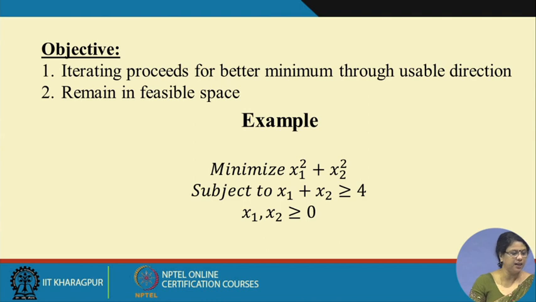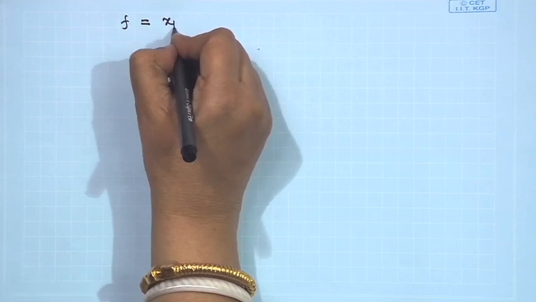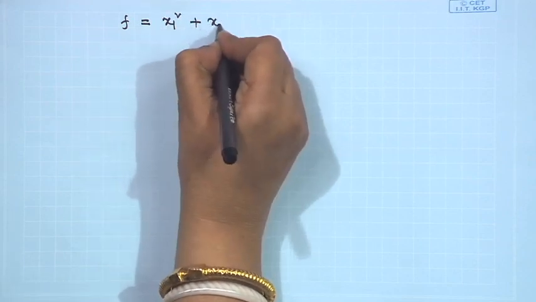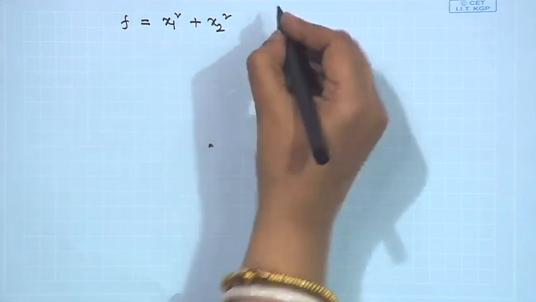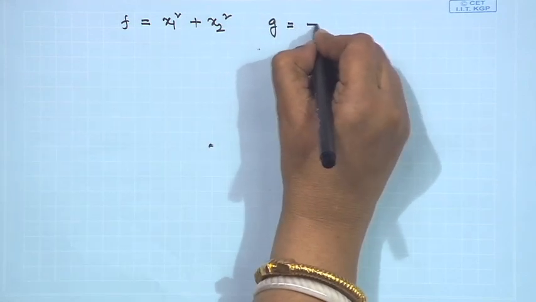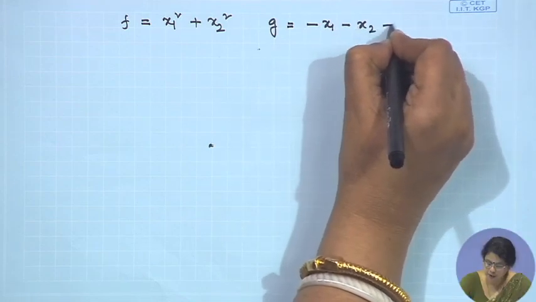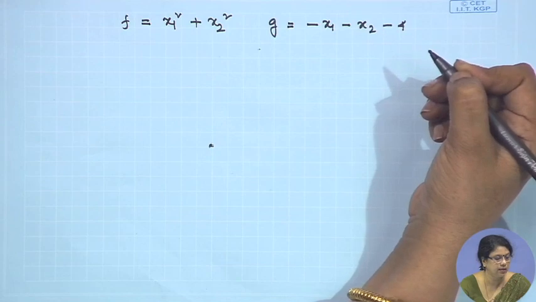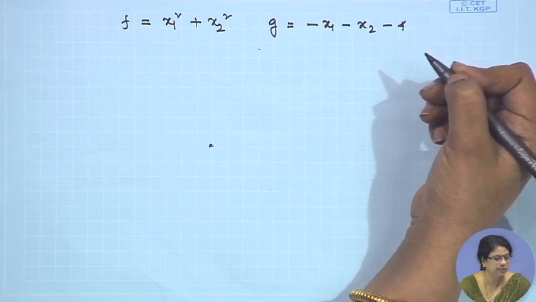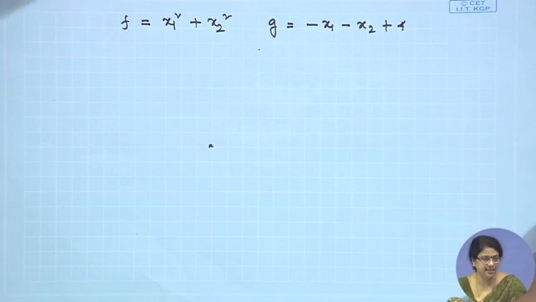That is why we will deal with both functions together. We have the function f as x1 square plus x2 square, and the constraint function g as minus x1 minus x2 plus 4. We are making it less than or equal to 0.